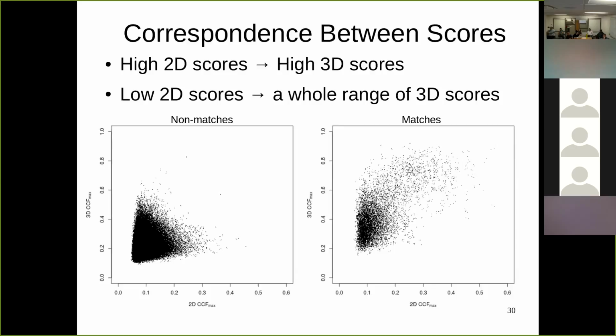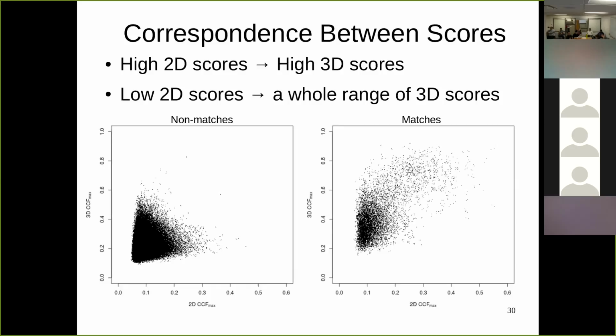Generally, we see that if the 2D score is high, it's more likely that the 3D score is going to be high, and this is especially true for the matches, which is good. But for low 2D scores, we get a whole range of 3D scores.